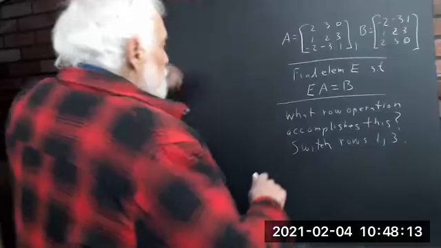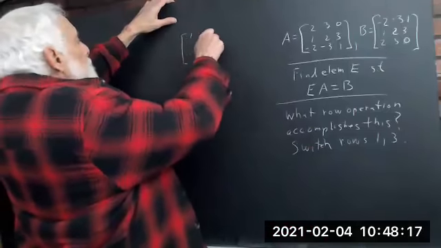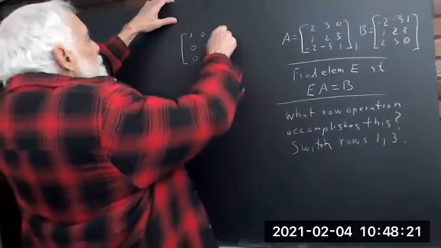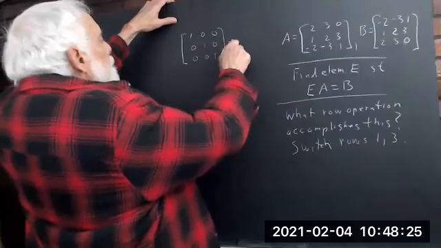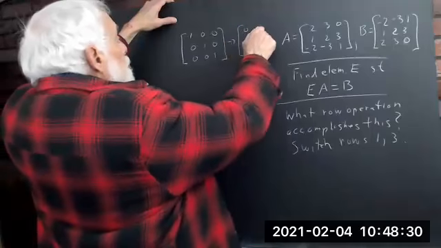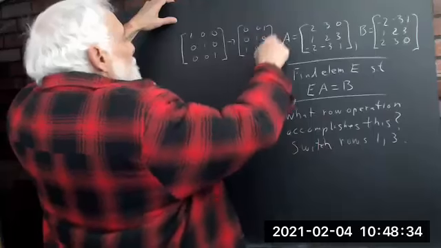So that does what? Well, take the identity matrix, and do this operation. You're going to get 0, 0, 1, 0, 1, 0, 1, 0, 0.